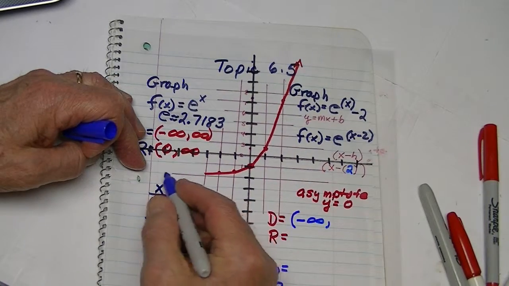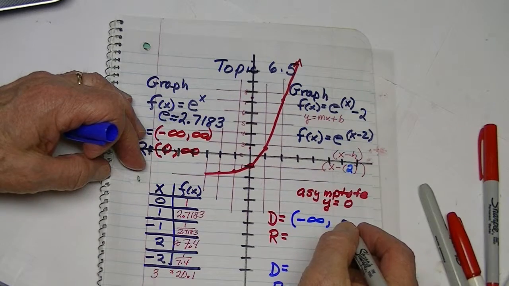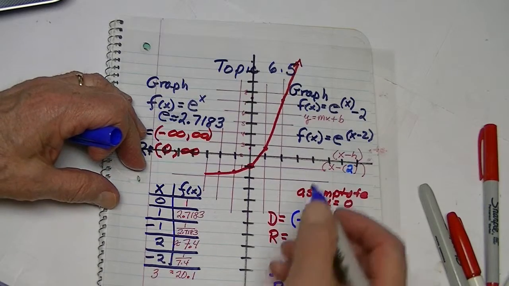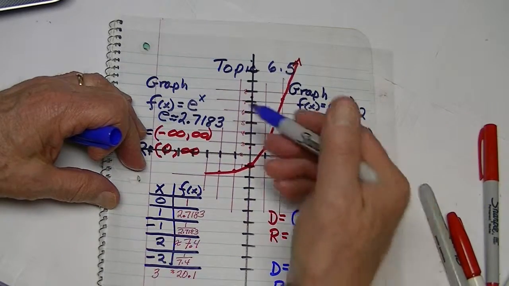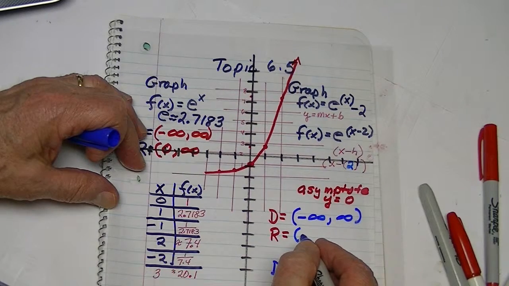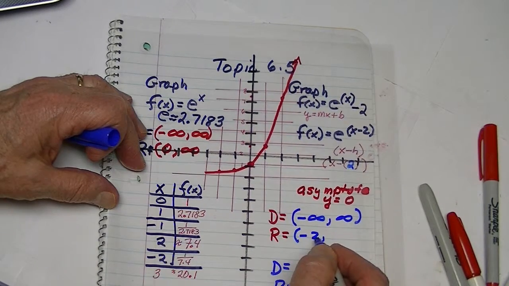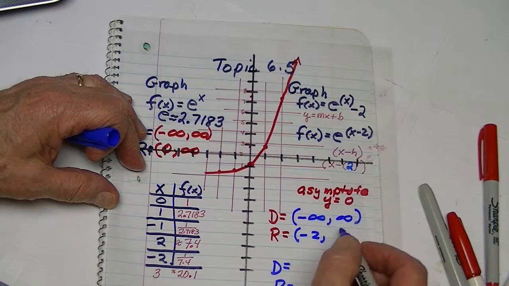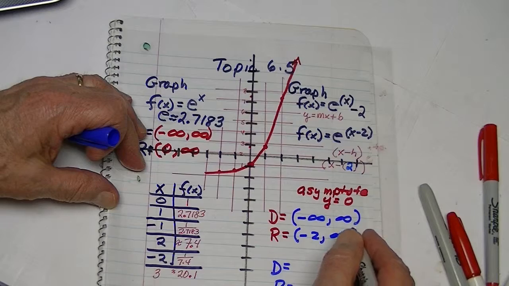These are our x values to positive infinity. But now the range, because of the way this is set up, has dropped down 2, and it never quite reaches a negative 2. That's our new horizontal asymptote to positive infinity.